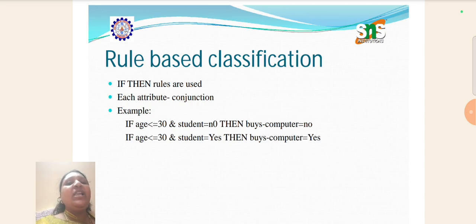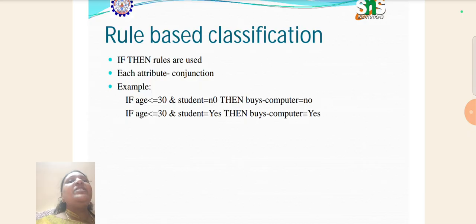Here in the example, if age is less than or equal to 30 and student is no, then buys computer is no. Similarly, if age is less than or equal to 30 and student is yes, then buys computer is yes. If age is 31 to 40, whether student is no or yes, then buys computer is yes.